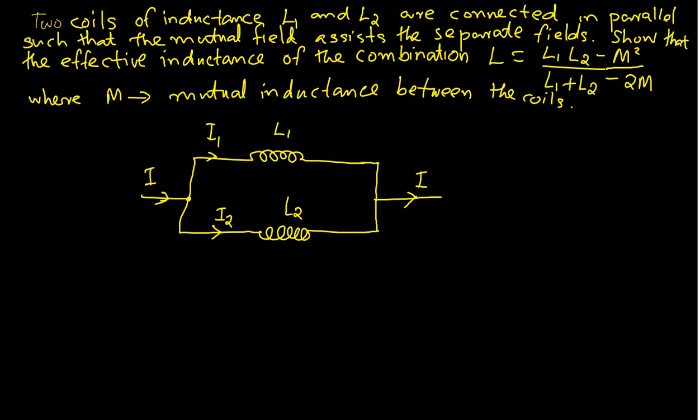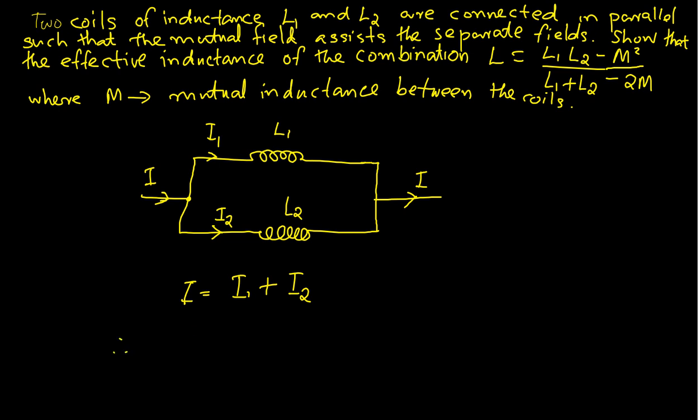We have from Kirchhoff's current law, or Kirchhoff's junction rule, I is equal to I1 plus I2.